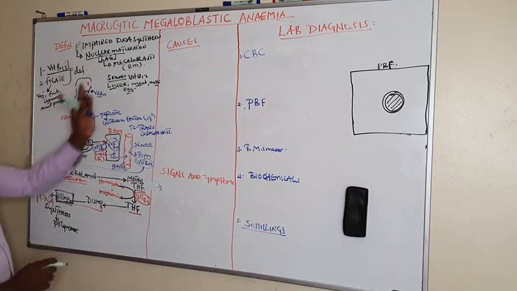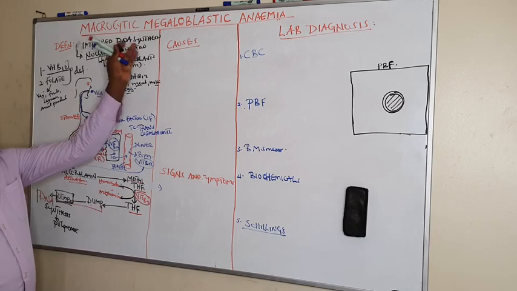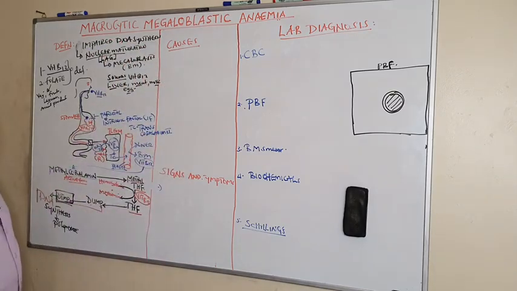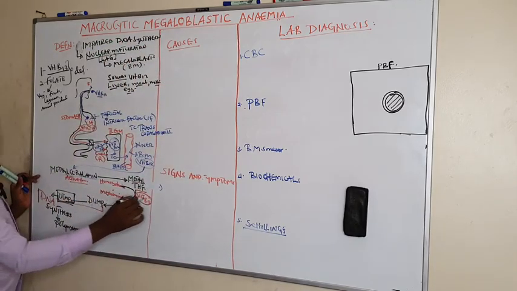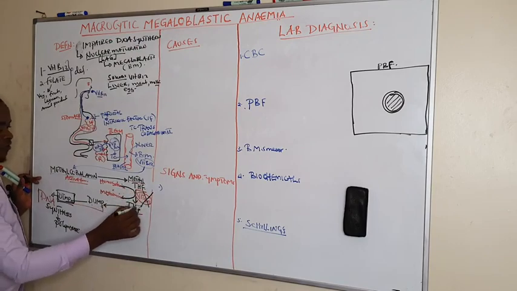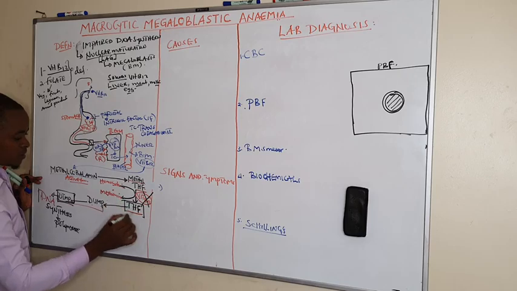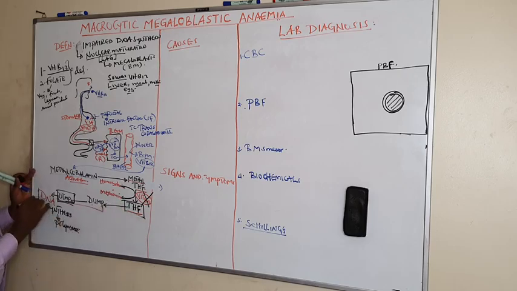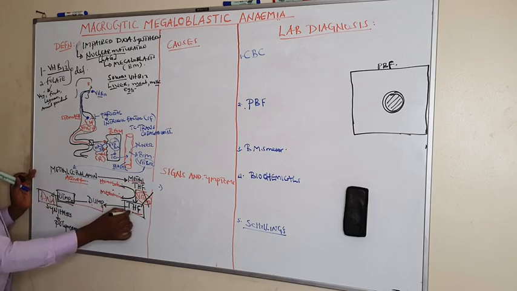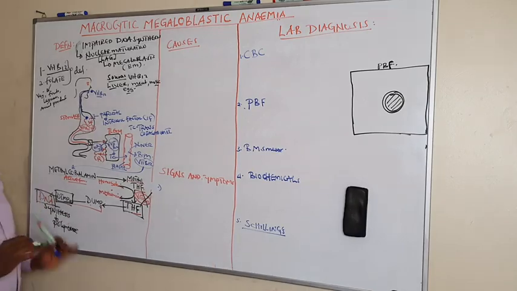So that's why we said in the brief is due to impaired DNA synthesis. So meaning if I do not have vitamin B12, I cannot form tetrahydrofolate, which is a precursor for formation of DNA. So meaning without tetrahydrofolate, we cannot form DNA.